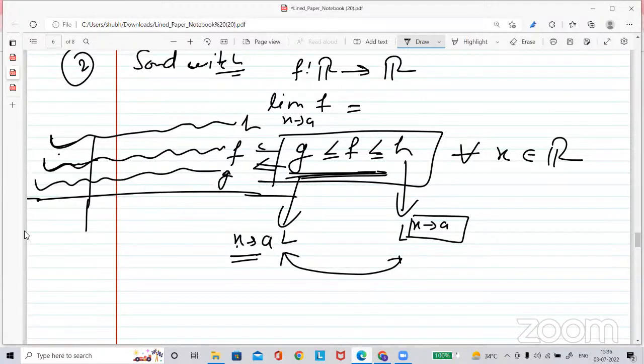Then the sandwich theorem says f will also go to L as x goes to a. This is the sandwich theorem.